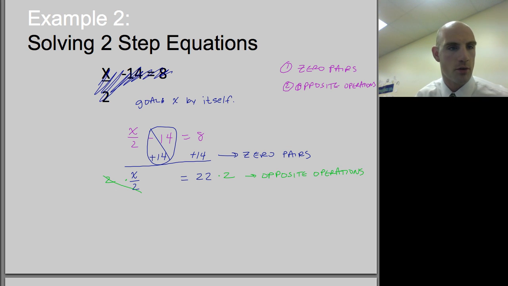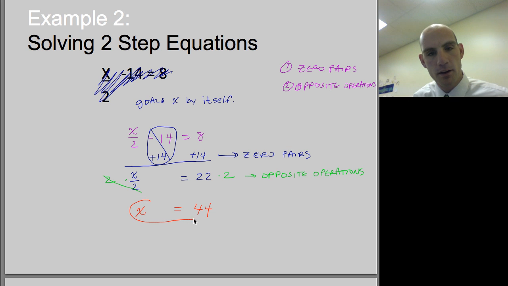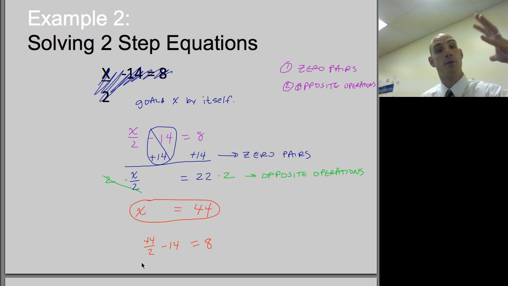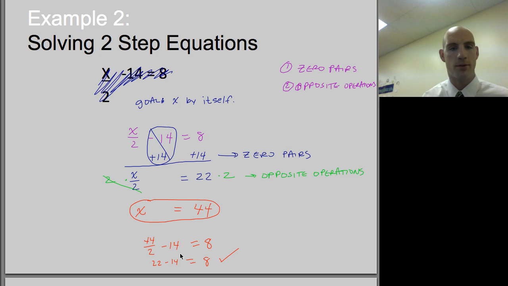Okay, and so what I'm going to be left with here is x equals 44, because 22 times 2 is 44. Now if I were to plug this back in, let's see what happens. 44 over 2 minus 14 equals 8. So I'm going to do multiplication and division first. So that would be 22 minus 14 equals 8. And we know that that's true. Do zero pairs, then opposite operations.